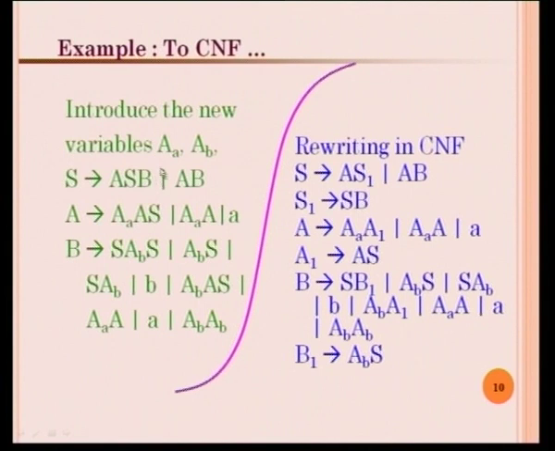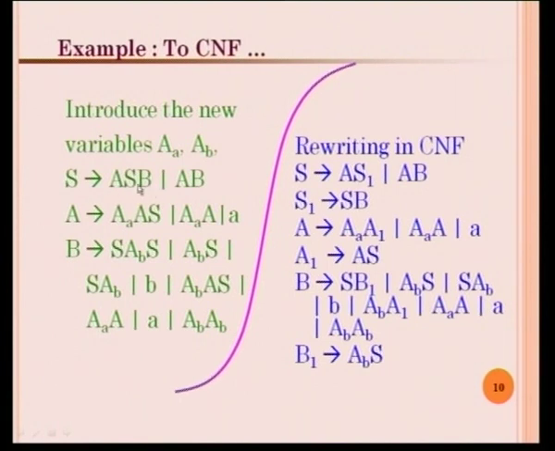Let us see how we are converting this first rule, S derives AS B, into its equivalent Chomsky normal form. First S is deriving capital A, followed by more than one variable on the right hand side, so we must give a replacement for this right hand side.